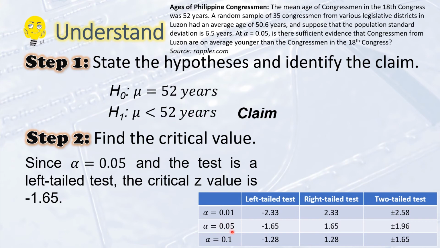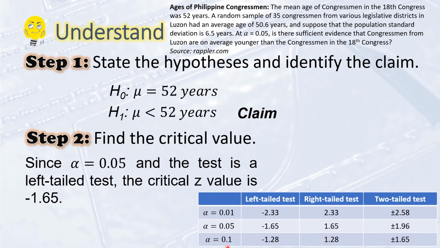At alpha 0.05, this is for example number 1 and 2. For example number 2, we are in a left-tailed test, so we use negative 1.65. In example number 1, we found that for a right-tailed test, it's 1.65. Now, in a two-tailed test for alpha 0.05, we use positive negative 1.96.